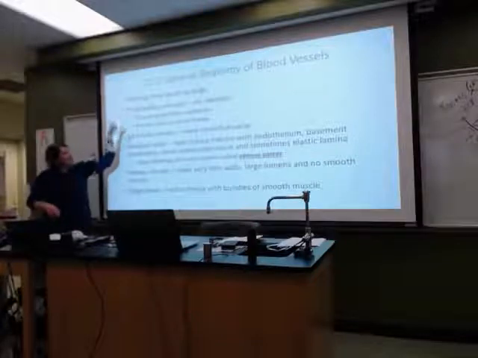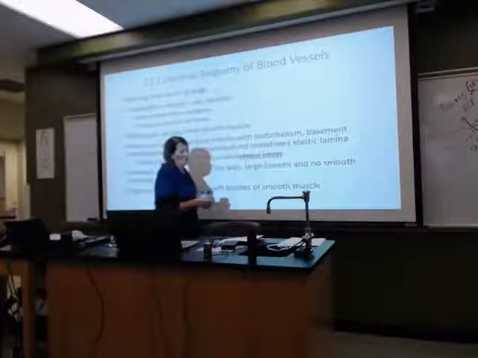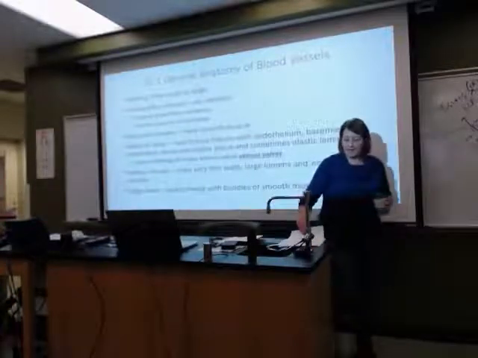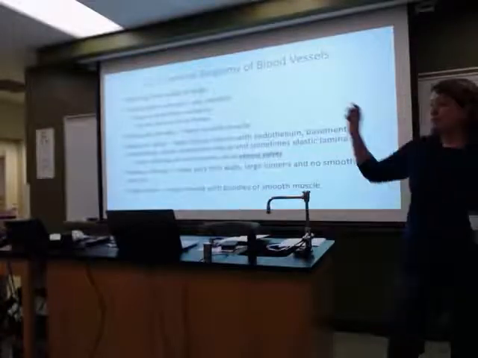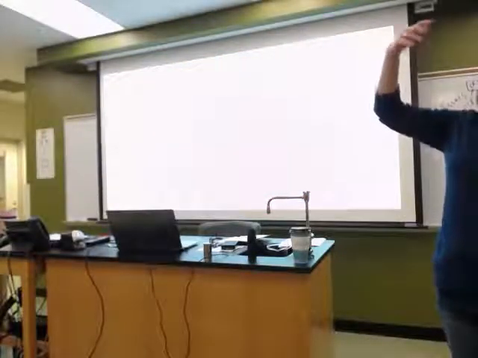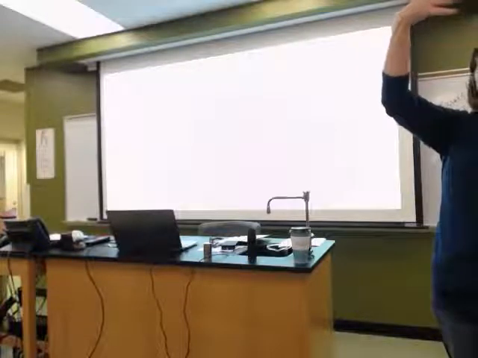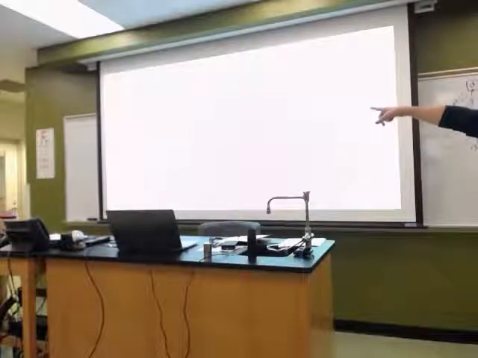So what we find as the smallest vein is what we term a post-capillary venule. So it's like this arteriole meets a venule. They're receiving the blood from the capillaries. And look at this.